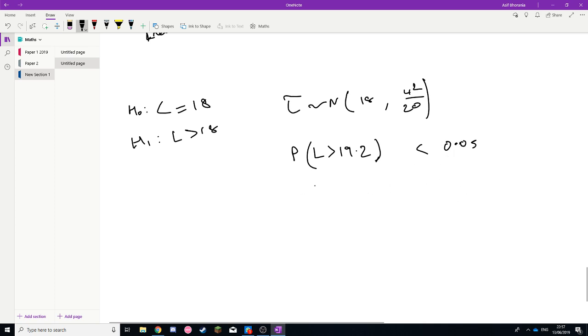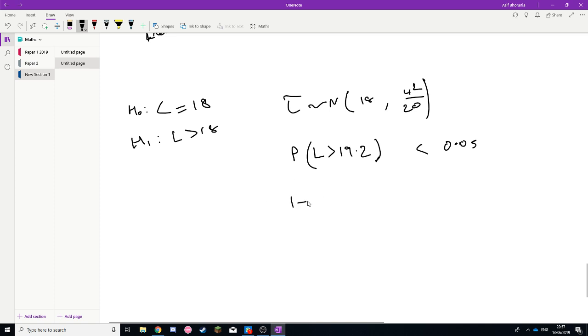So what's this probability? Calculate normal distribution. Lower is 19.2, upper is 10 to the 6. We want the extreme. This is the square root of 4, so that's the square root of 16 over 20. The standard deviation, that is. The mean is 18. And this gives us a probability.